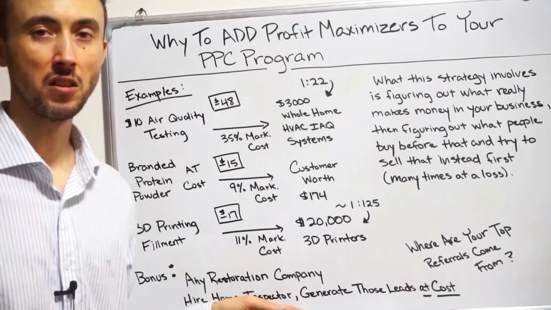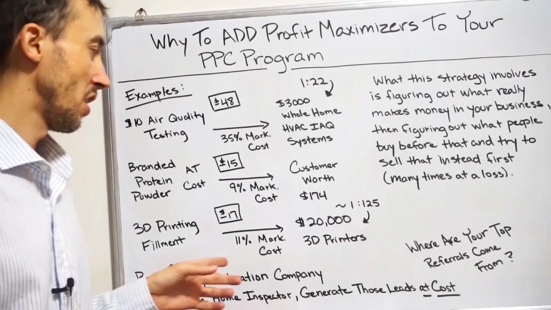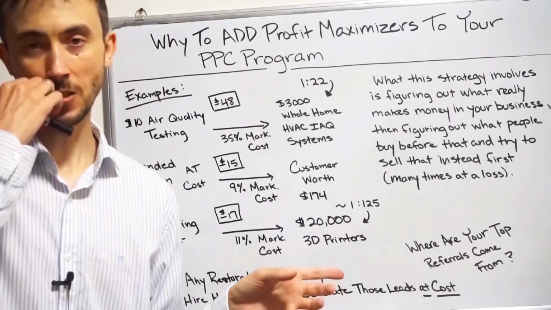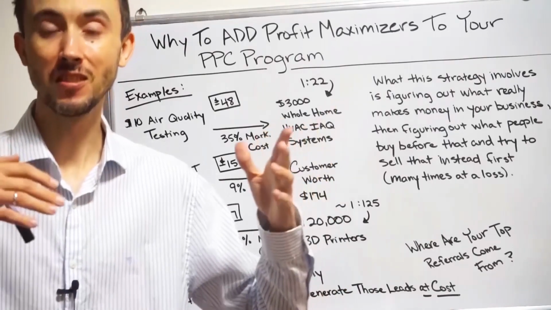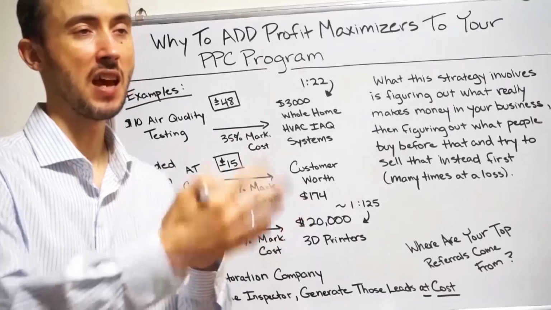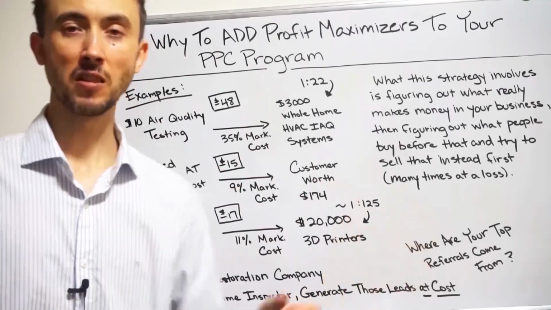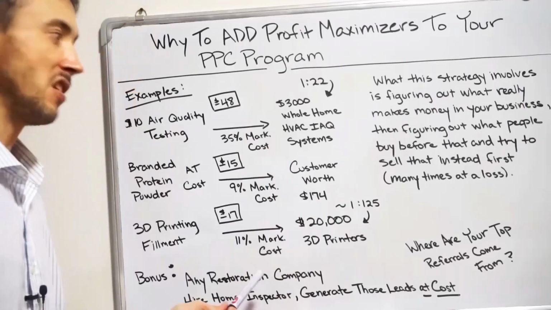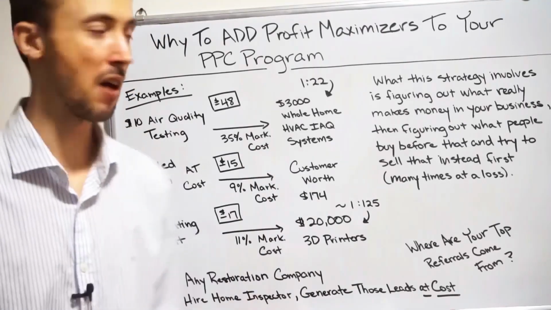Why not do what this guy did, if you're in this business, or just as an idea: hire a home inspector and run ads for home inspection. Running PPC ads for people looking for a home inspector is still fairly competitive, but not nearly as competitive as this restoration stuff.